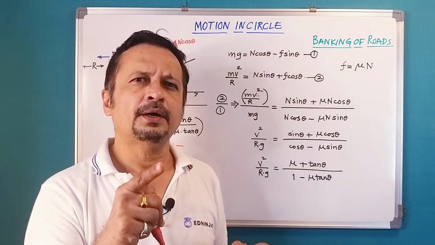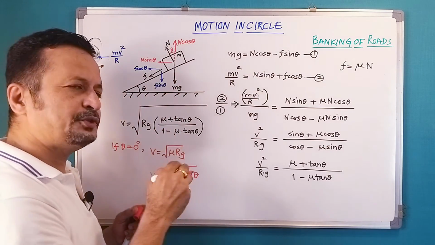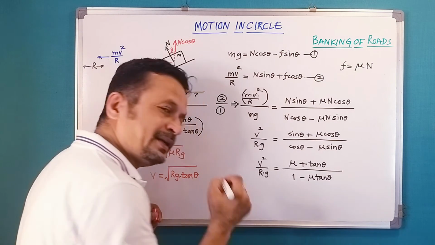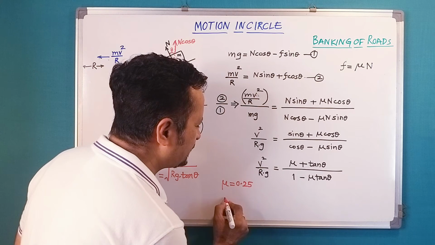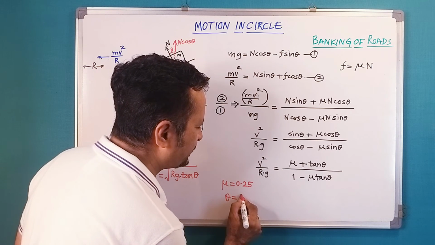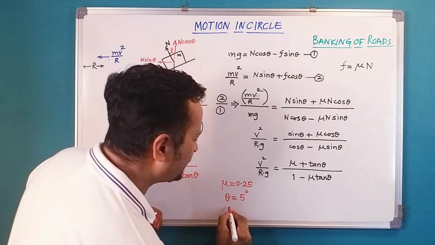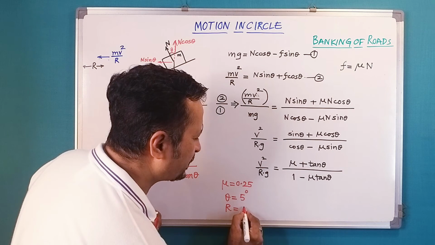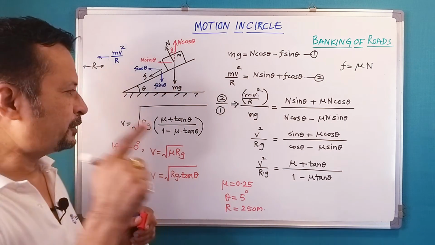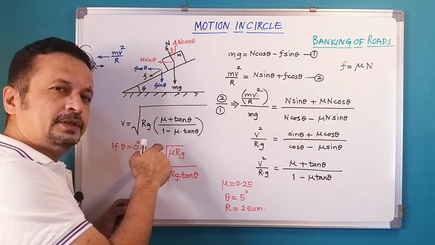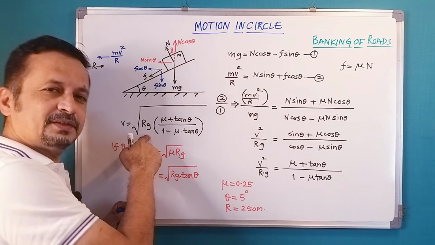You can try this. You can take these values: mu is equal to 0.25 and theta is equal to, let us say, 5 degrees, and the radius of the curved road maybe 250 meters. Try to find out the velocity by substituting mu, theta and r in this expression.